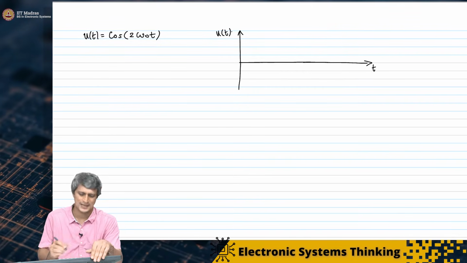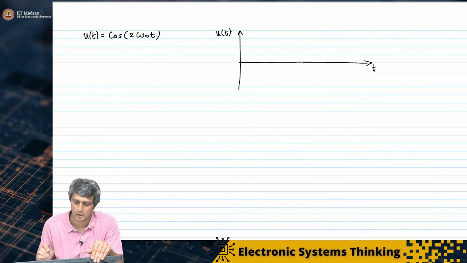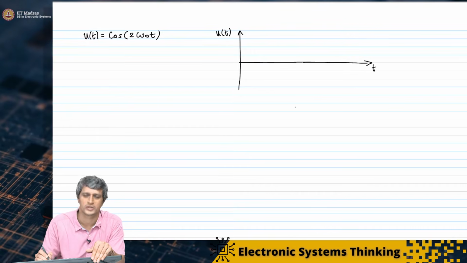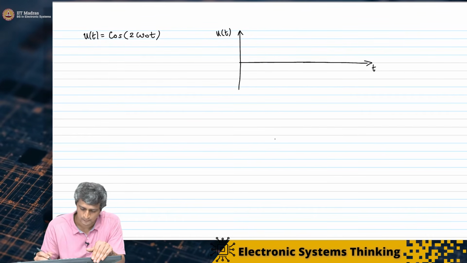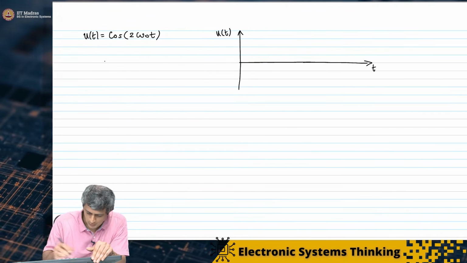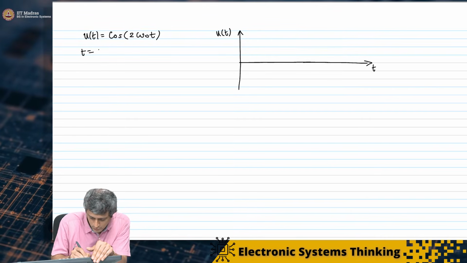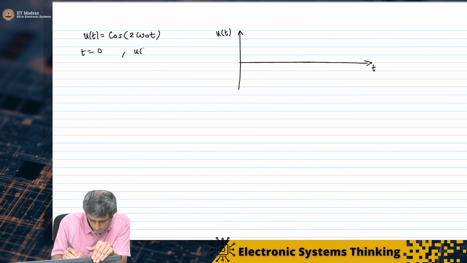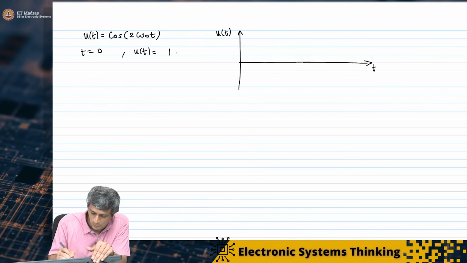I am going to simply assume that the amplitude is 1. I am not going to worry about that amplitude term because it is a constant, it will come out of that integral. So now when t equals 0, u of 0 is simply going to be 1.